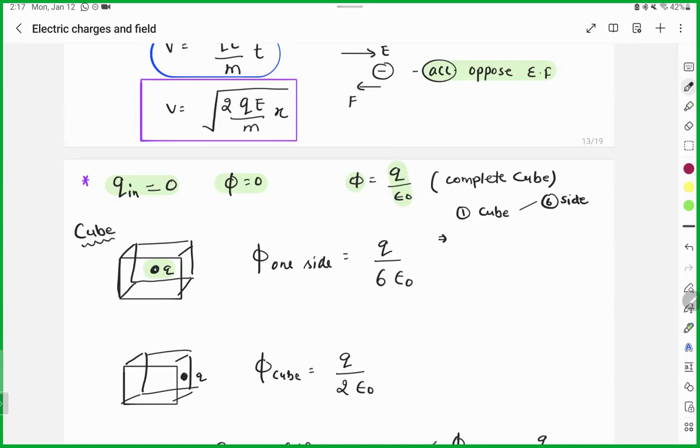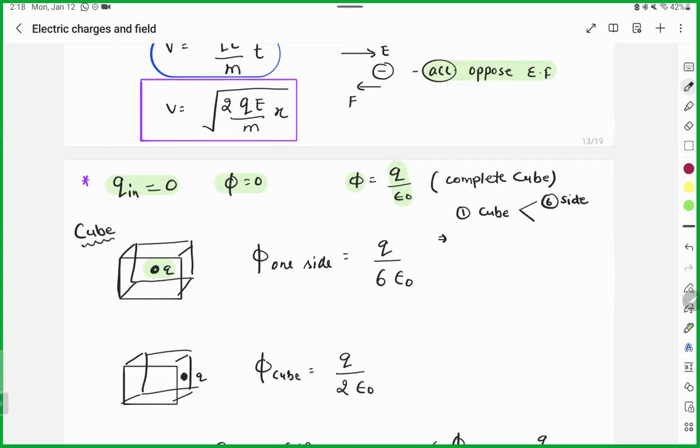You have four walls, one roof, and one floor. Total six. Got it? Yes.